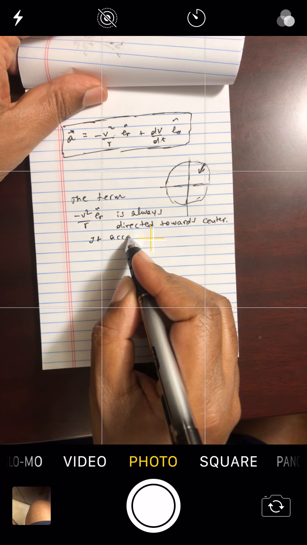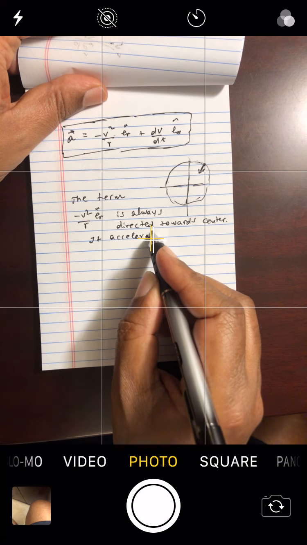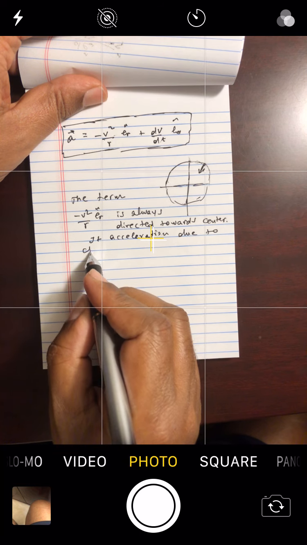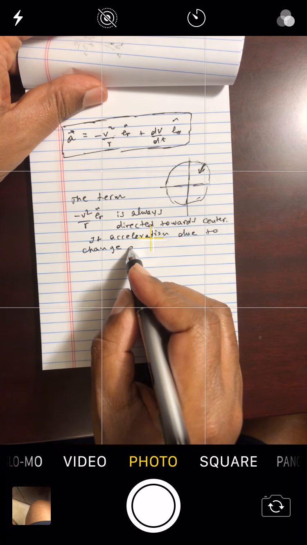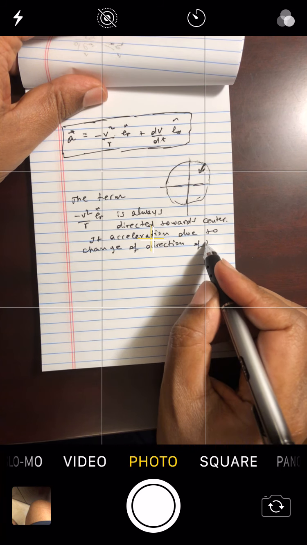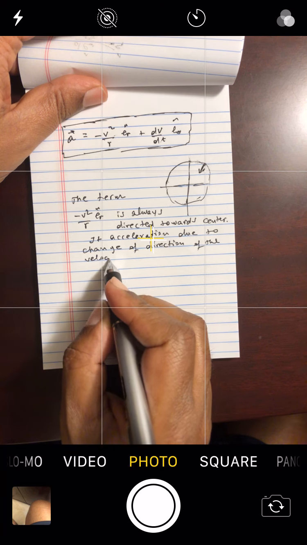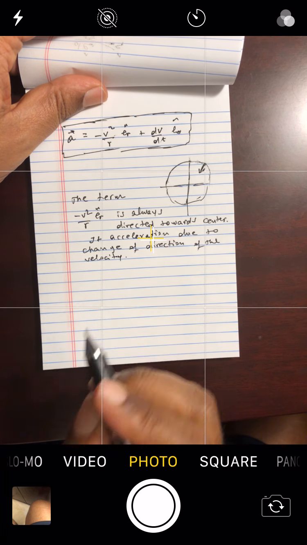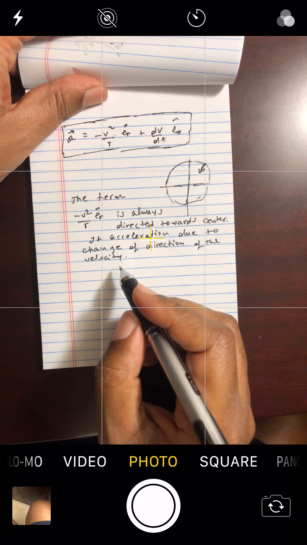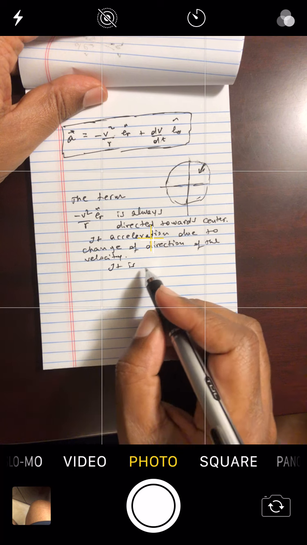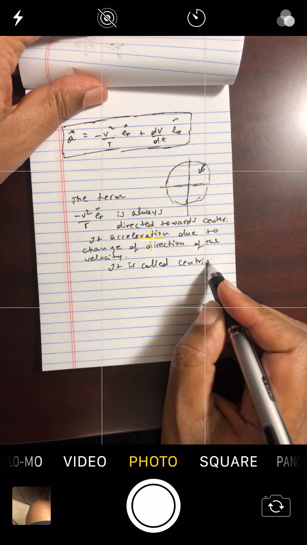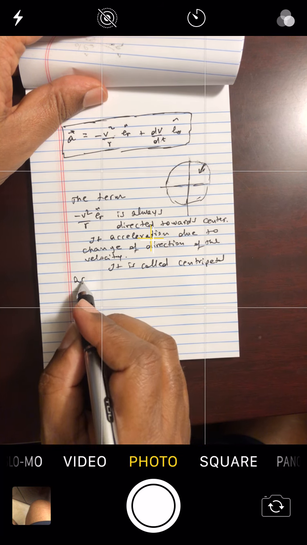It is acceleration due to change of direction of the velocity. Because of that, it's called centripetal, which means center-seeking acceleration.